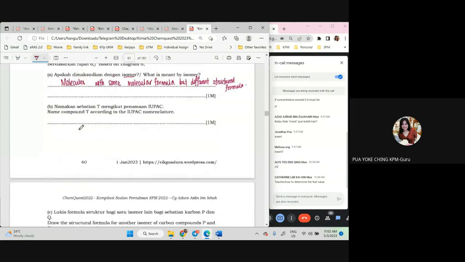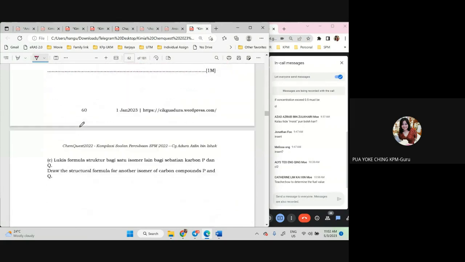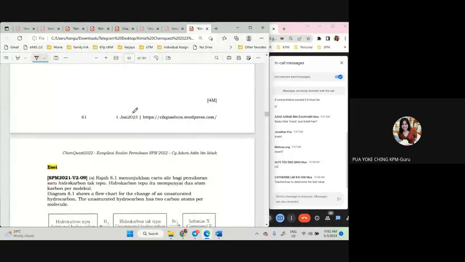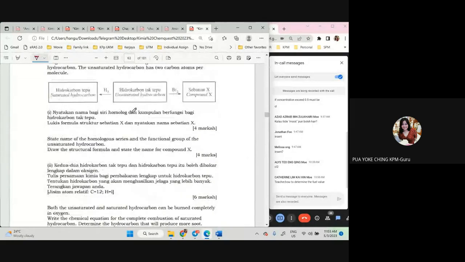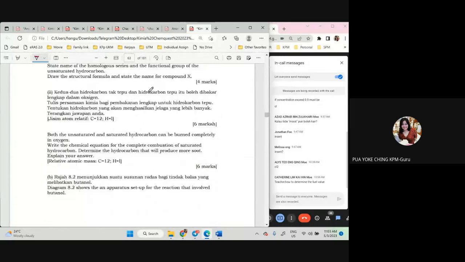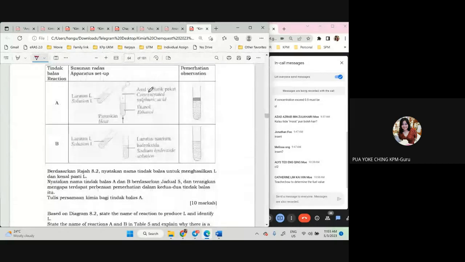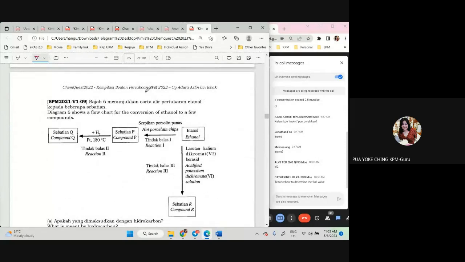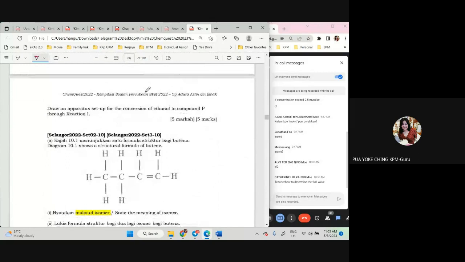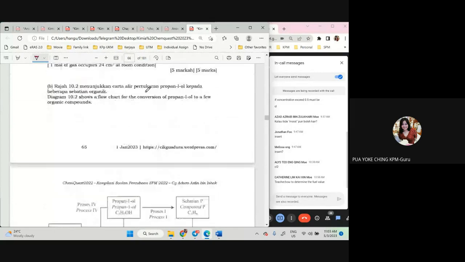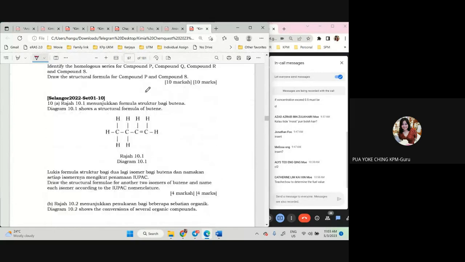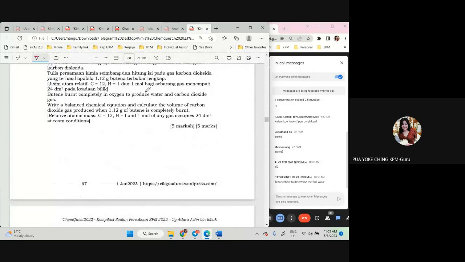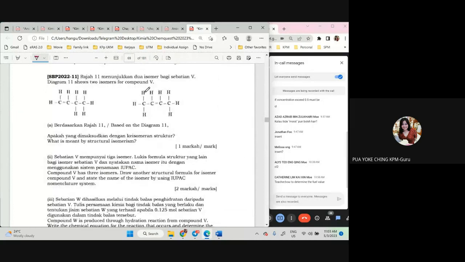Biasanya kalau isomer keluar, dia will ask you to draw and name. And then this is a normal one. Okay, this is the essay, hydrocarbon tepu, hydrocarbon tak tepu. So you need to remember all the tests. Oh, tak ada yang tentang fuel value because fuel value is actually your chapter 3.